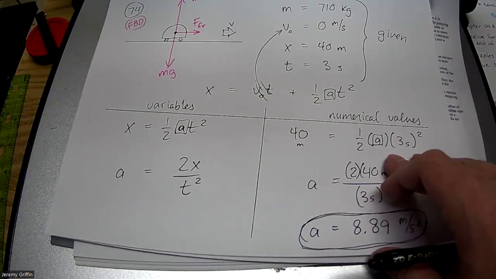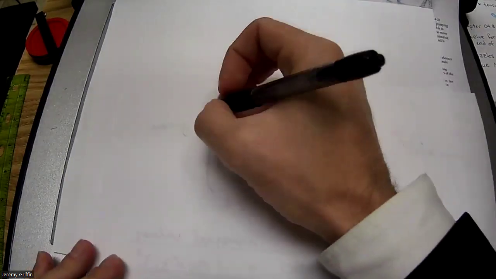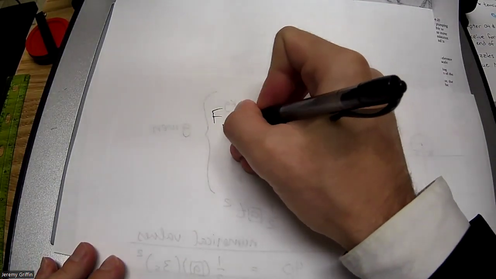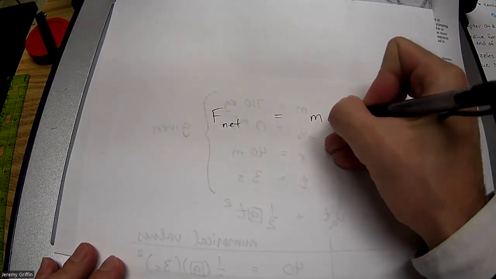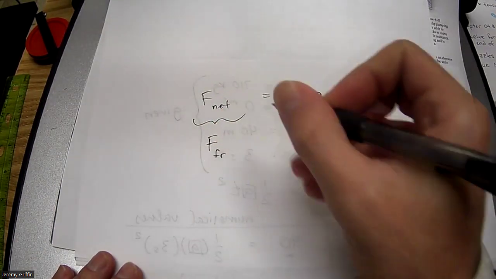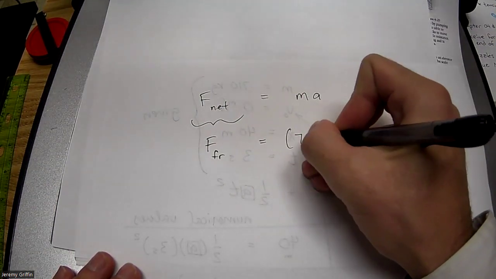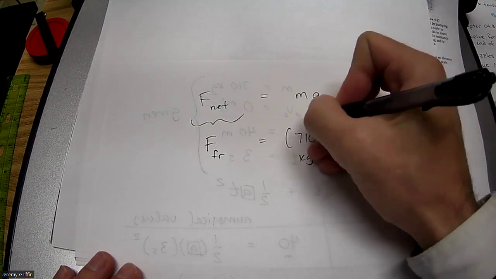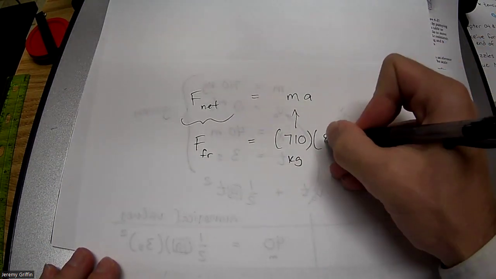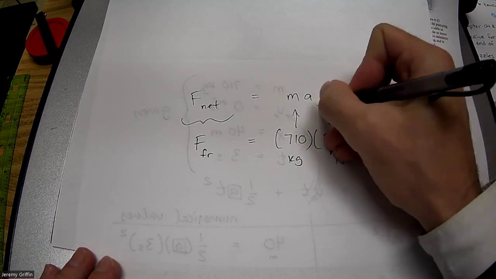We got to figure out what's the net force, the friction force on this car. All right, you guys ready to do that? All right. So net force equals mass times acceleration. The net force in this case just is the friction force. The vertical force is canceled out. The mass of the car was 710 kilograms. The acceleration we just found is 8.89 meters per second squared.